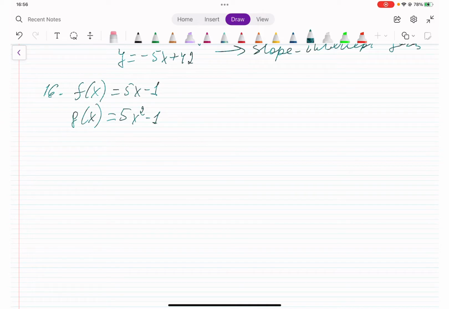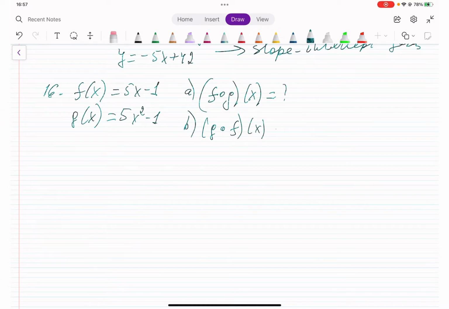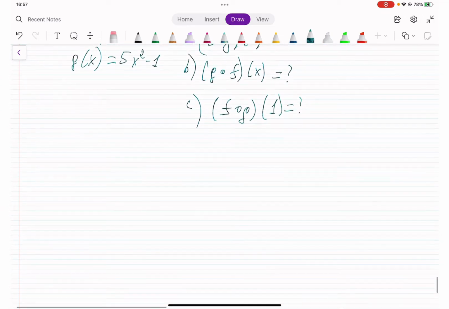So we need to find a, f composite of g of x; b, we need to find g composite of f of x; c, f composite of g for x equal 1; and d, g composite of f for x equal 1. Well, let's go for it.